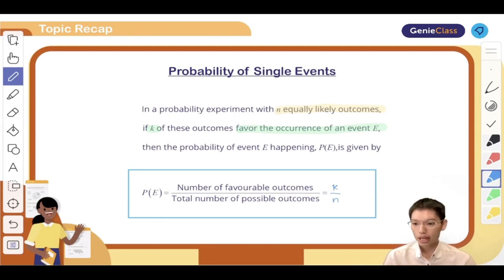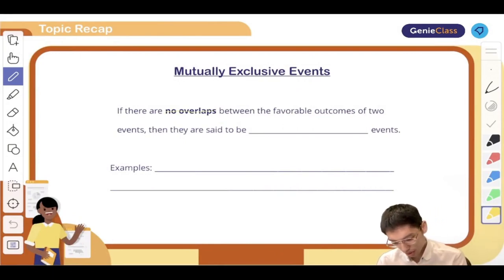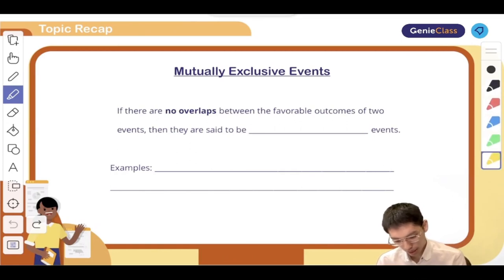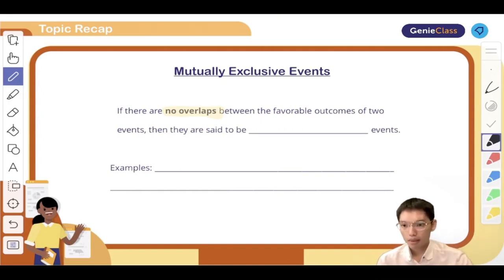Alright, then following up nicely, what happens? We have a few different events that we need to consider. The first one is what we have also known as mutually exclusive events, whereby the keyword over here is no overlaps. That means there are no overlaps, nothing in common. If we say this, that means they are mutually exclusive.